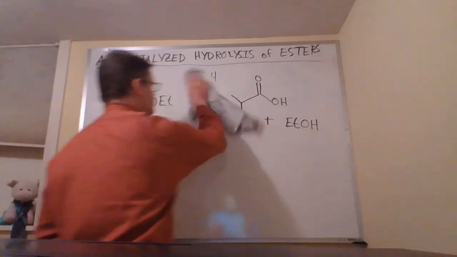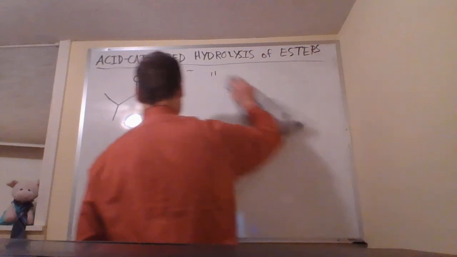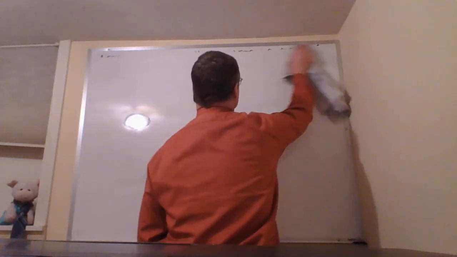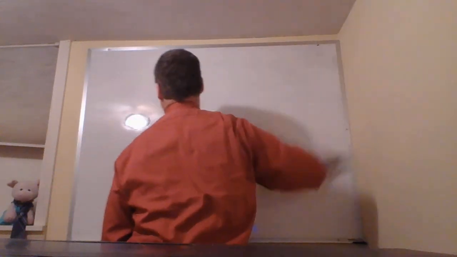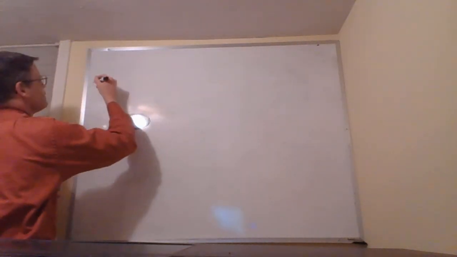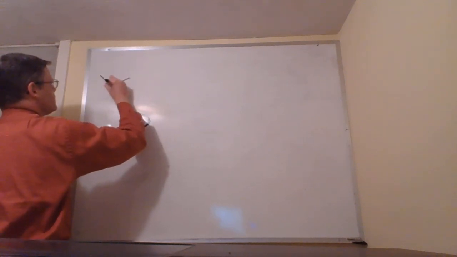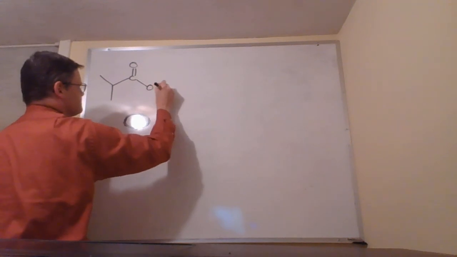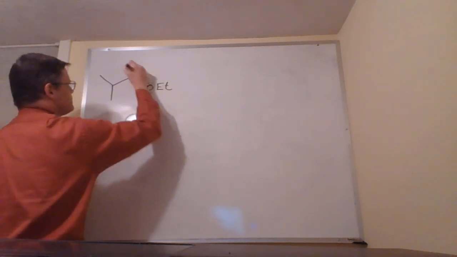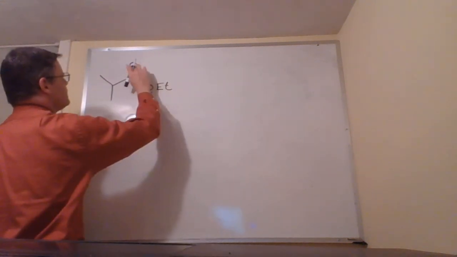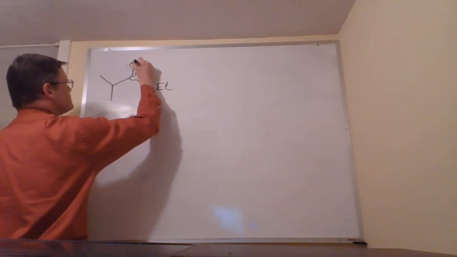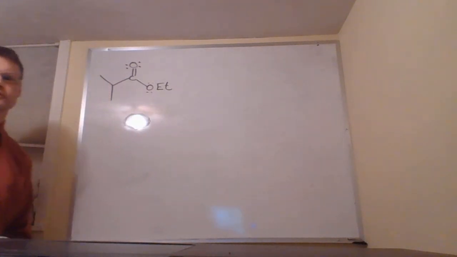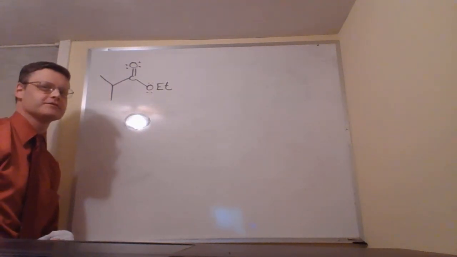Why would we call it acid catalyzed instead of acid promoted? I'm going to have to go around the board a couple times on this mechanism because it does take several steps. In an acid catalyzed nucleophilic acyl substitution, I think you know what the first step is.